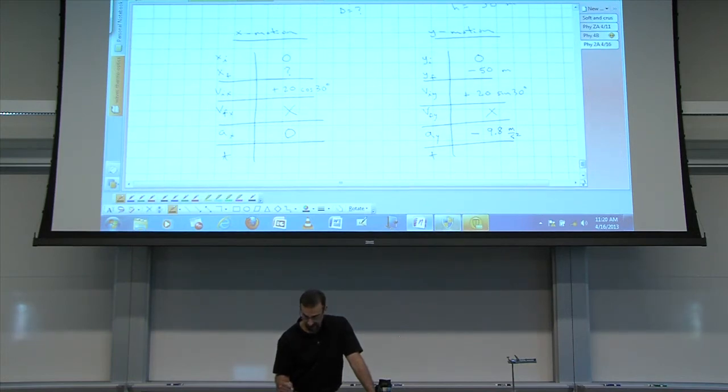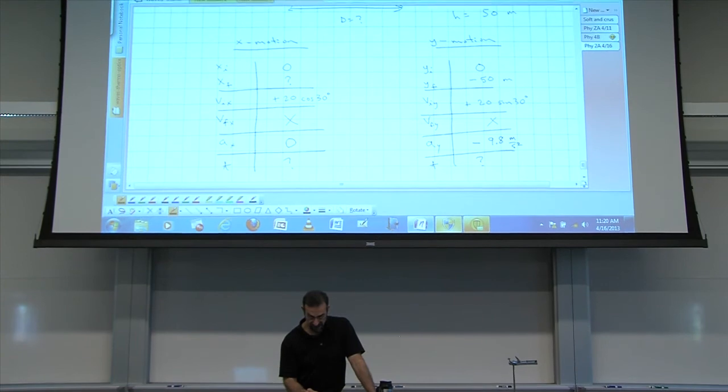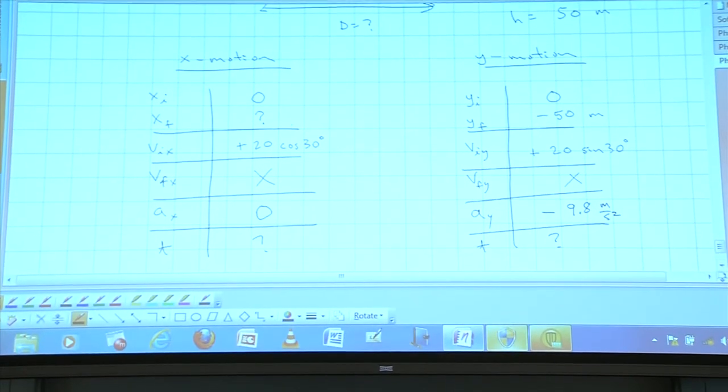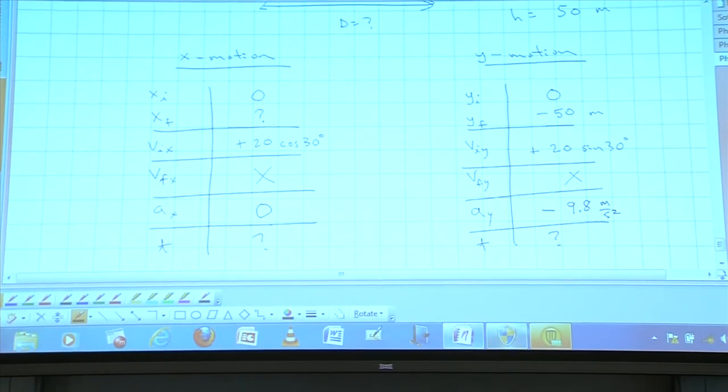So if we look at these, we're looking for the distance. Time we don't know, right? Okay, so we're looking for x final. That's what we're trying to find. But we don't have enough information to find x final.